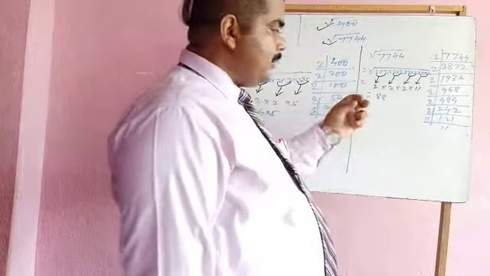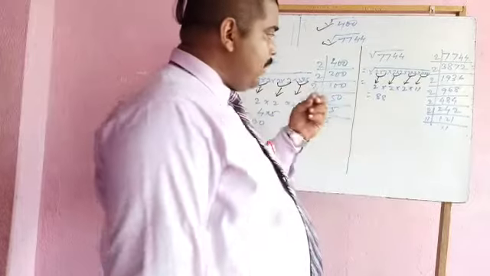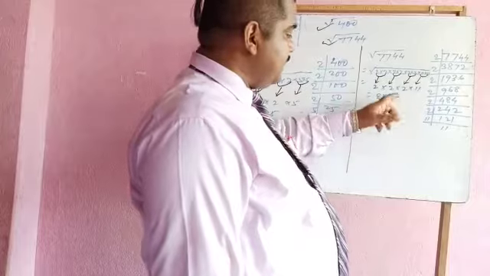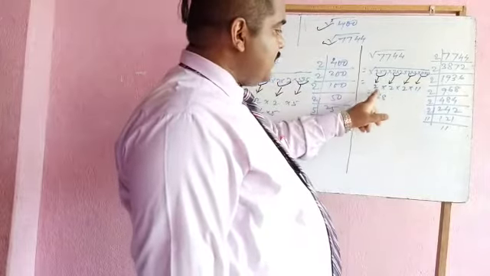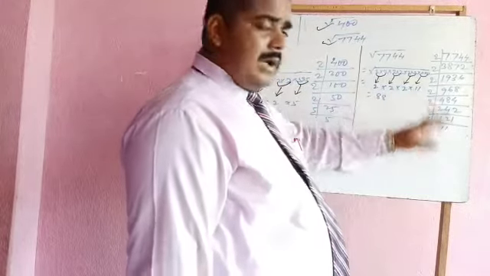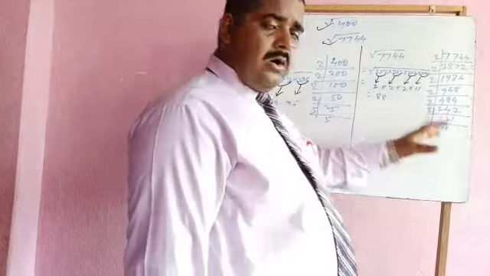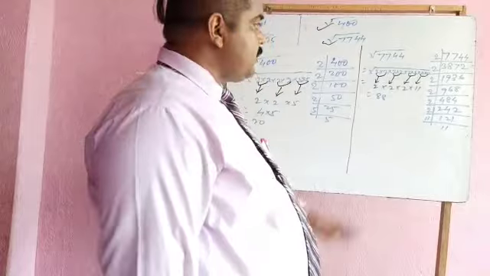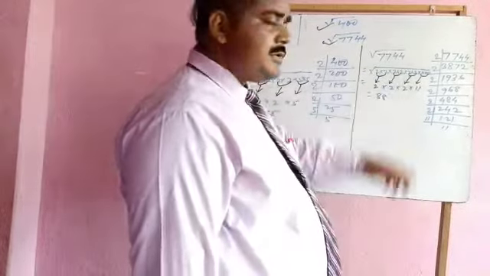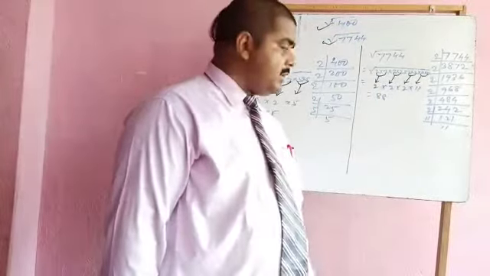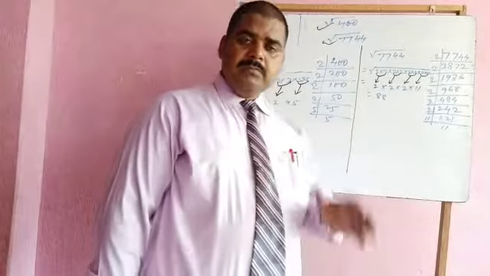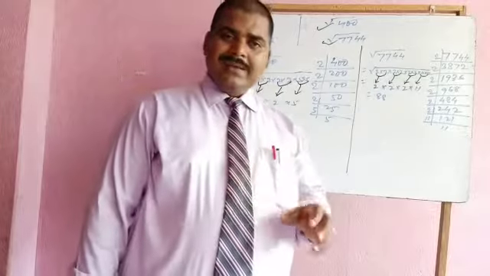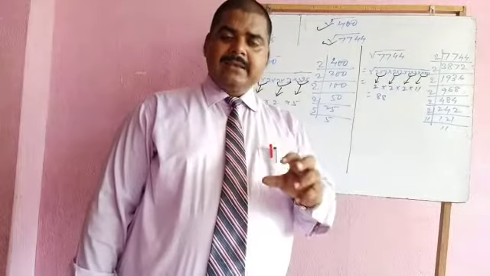When you take one 2 from each pair and one 11 from the last pair, you get 2 into 2 into 2 into 11, and on multiplication the result is 88. So the square root of 7744 is 88. By this method you are able to find the square root of any given number.